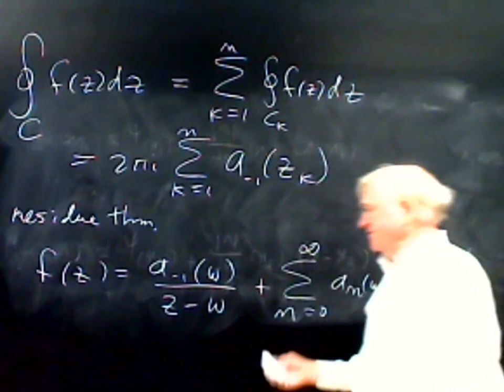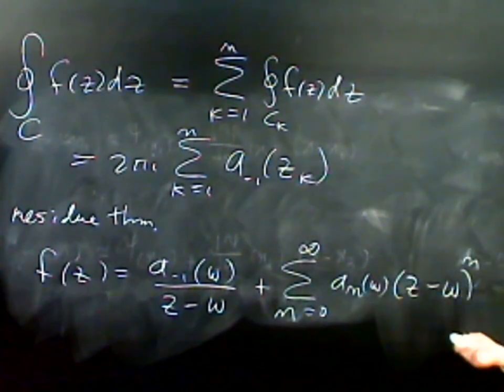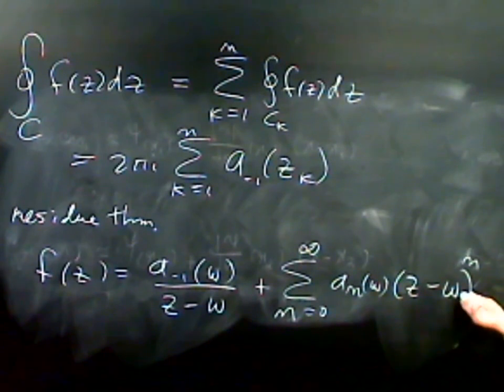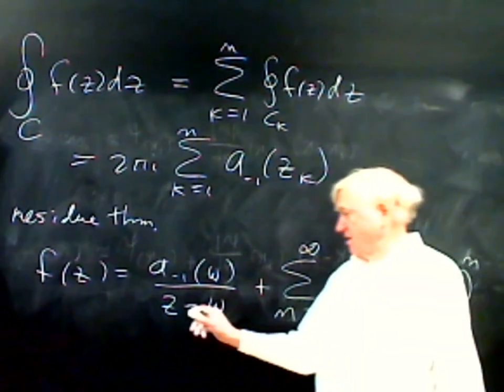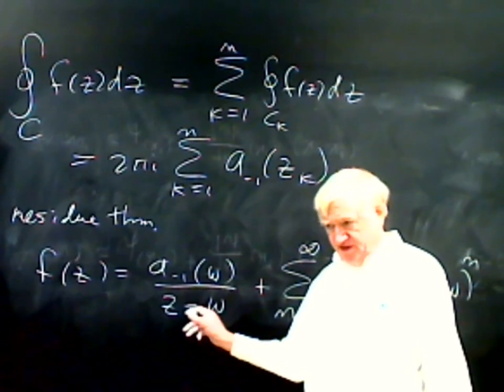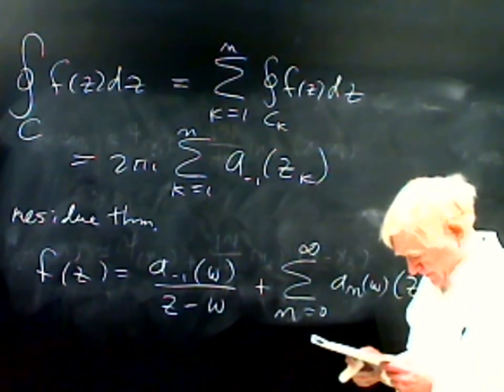So what I've done is I've just done the Laurent series for the case where you're doing the series around w, and the function has just a simple pole at w. Then it looks like that.